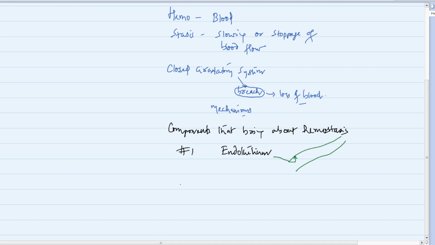Okay. So the second component is the platelets. So what are platelets? They are one of the formed elements of blood, which we have studied in one of the previous lectures. So the third component is the coagulation pathway.